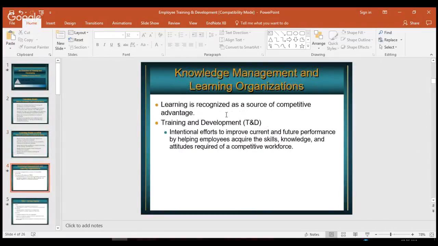Learning is recognized generally as a source of competitive advantage, a commonly accepted fact, basically, that the more we can invest, the optimal point that we will create competitive advantages. We know it's an intentional effort to improve current and future performance, by helping employees acquire the skills, knowledge, and attitudes required of our competitive workforce.